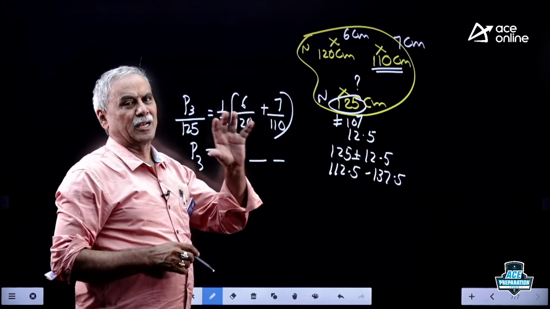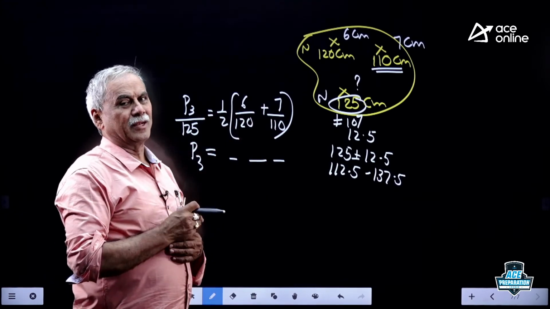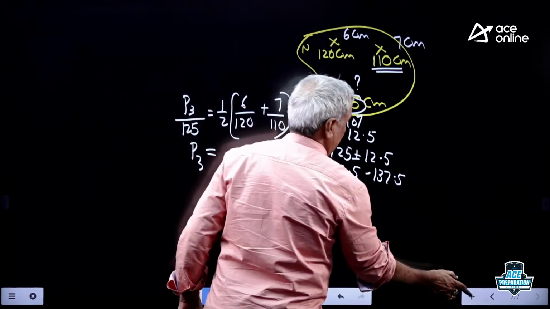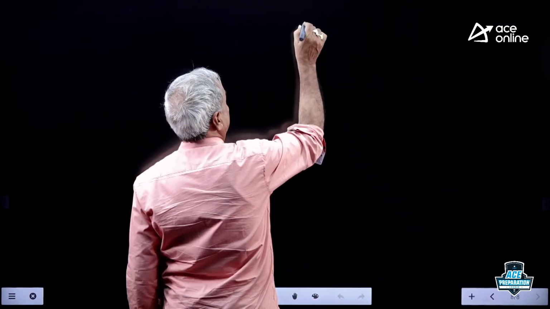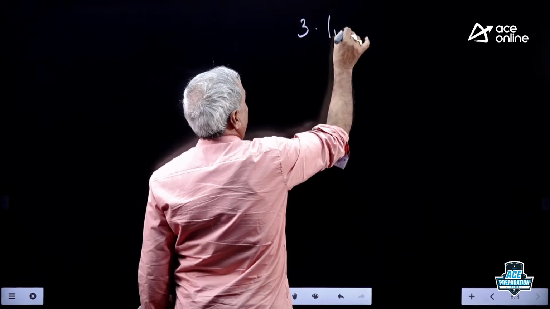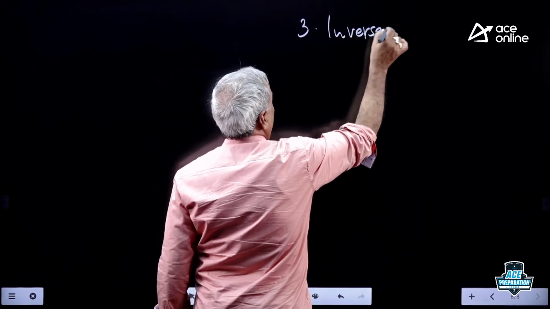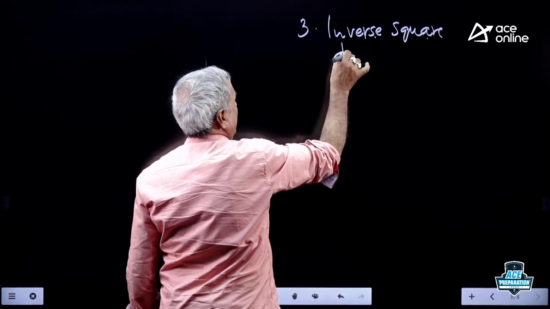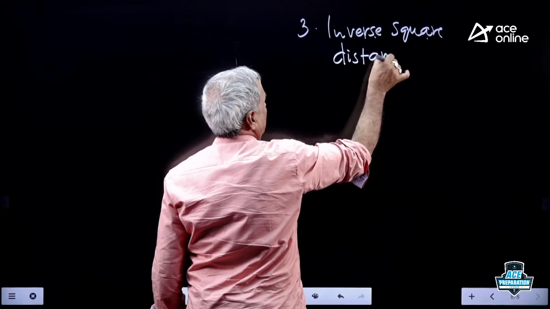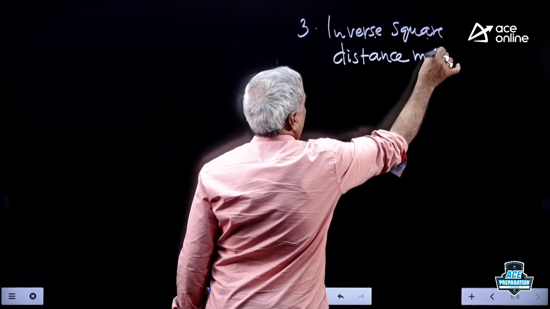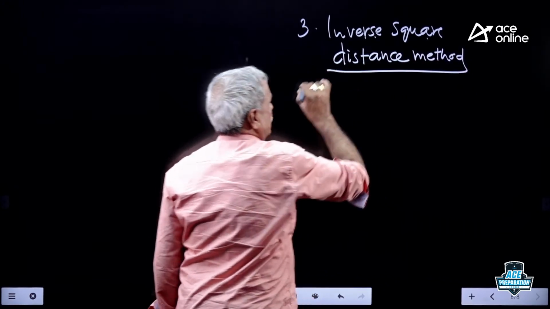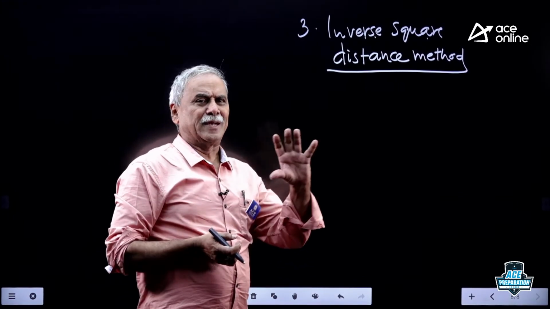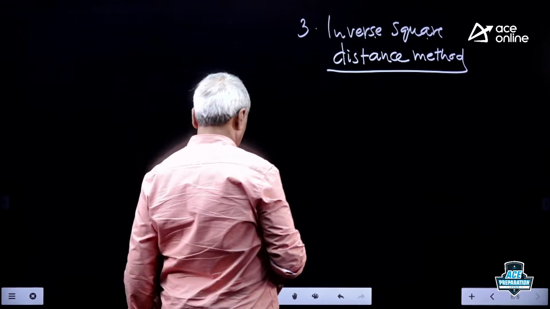These types of problems are also likely to come in your GATE preparation. Please understand. Let us see the third method, inverse square distance method. In what situations is this ISD method preferred to interpret the missing rainfall data?